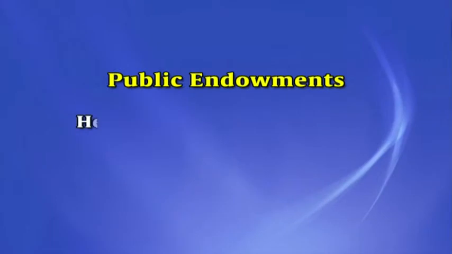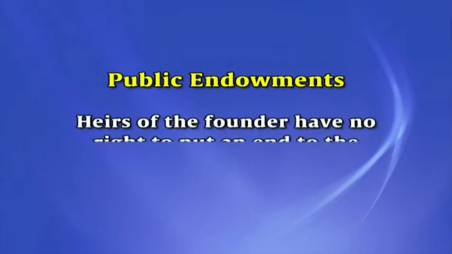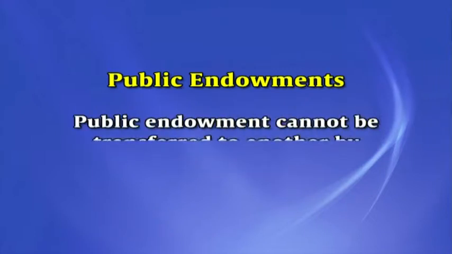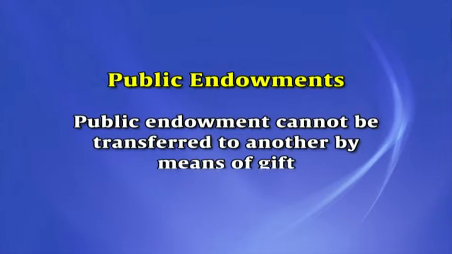The beneficiaries of a public temple are the general public or the members of a particular community to whom the temple belongs. Heirs of the founder have no right to put an end to the dedication. A public endowment cannot be transferred to another by means of gift.